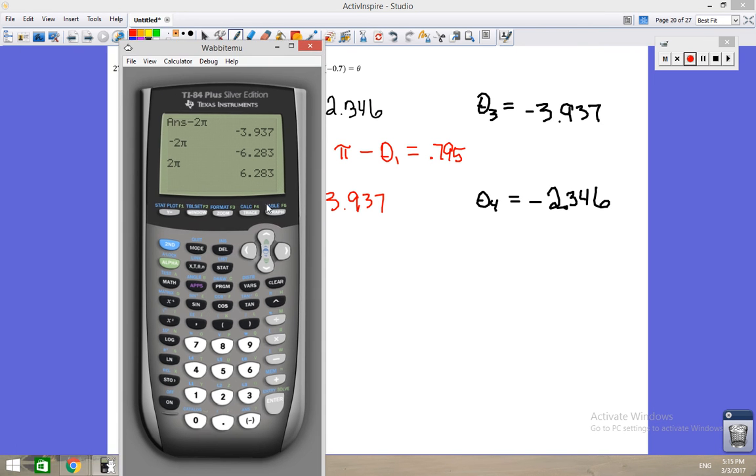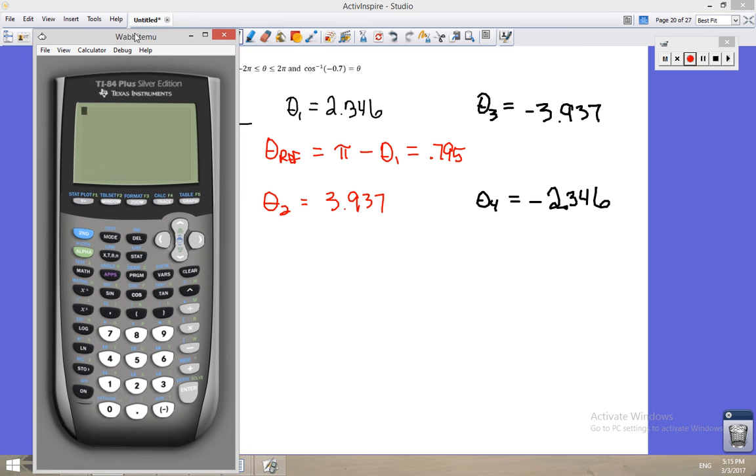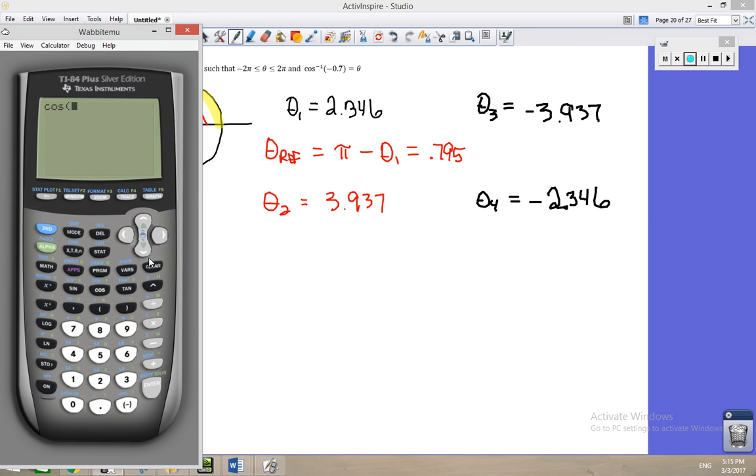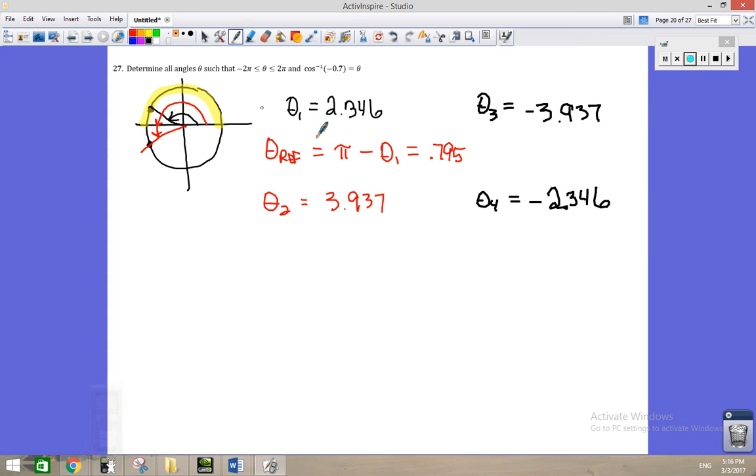Alright, so let's take the cosine of negative 3.937 just to check this. And I claim that we should get a value that's negative 0.7 or close to it, and we do. Or if we took the cosine of 3.937, it may not be exact, but it'll be real close to it. There we go. And you could do the other two as well, and it'll check.